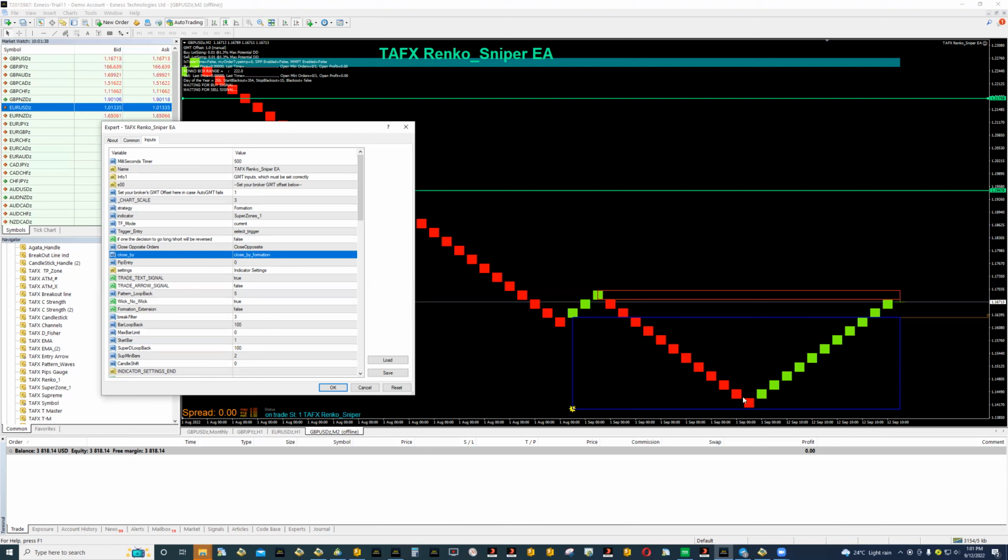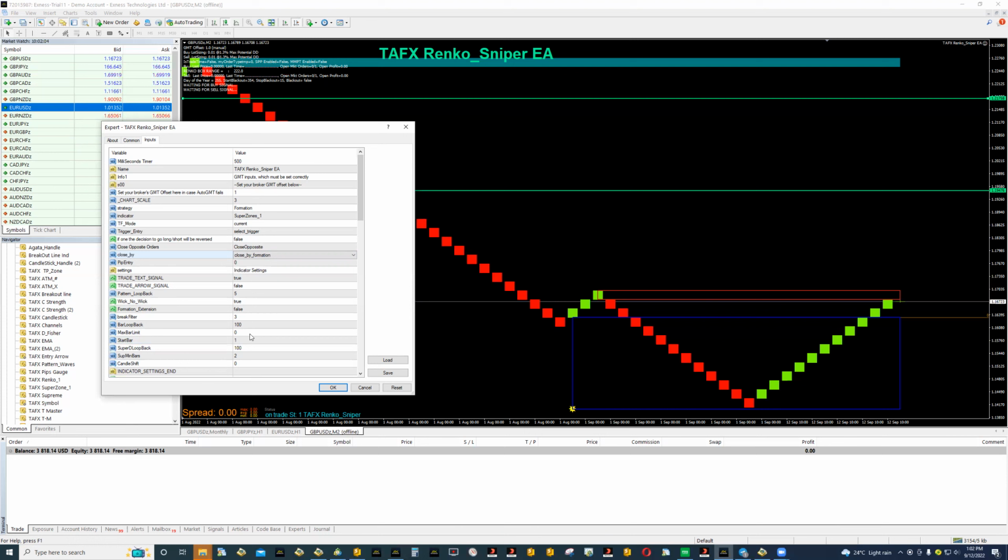Again, exit the sell with this formation and enter the market with also the same formation. So it doesn't matter whether the setting is signal to signal, because the signal is from the formation. But it is good to let it remain formation, so that can also be signal to signal. I believe you get what I'm saying about strategy one.